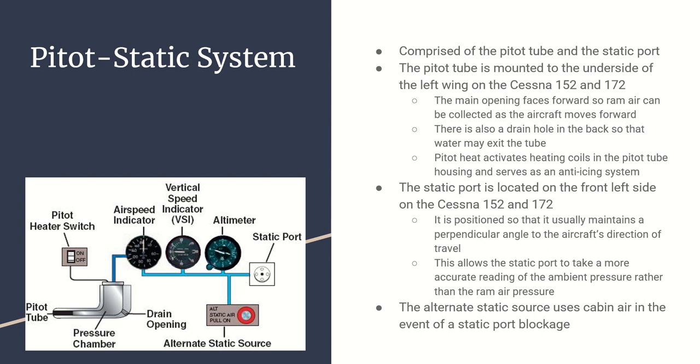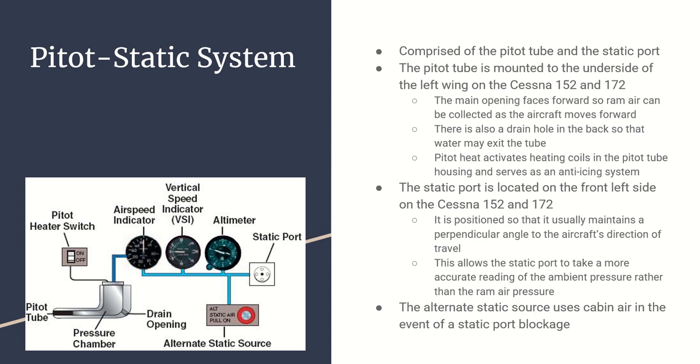The numbers aren't going to be perfect for all three instruments when you change the source of pressure, because believe it or not, that cabin pressure is slightly lower than the air outside. That means the air in the cabin is moving slightly faster, at least compared to what's collected by the static port.